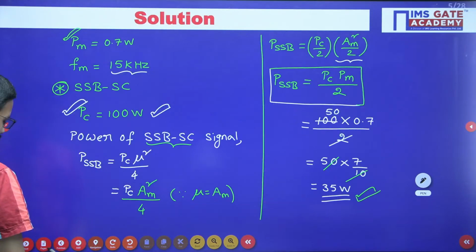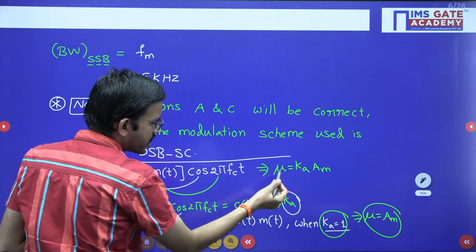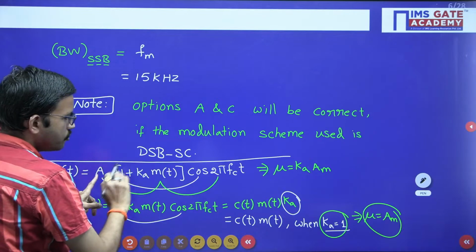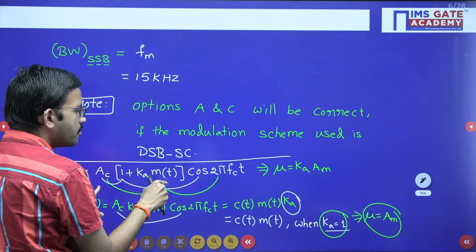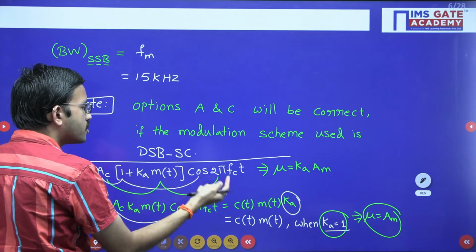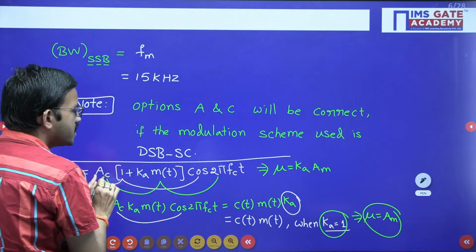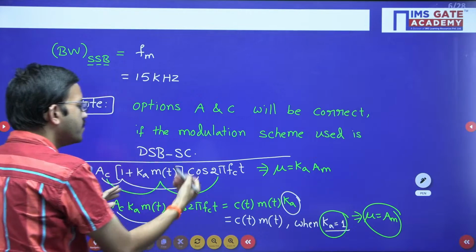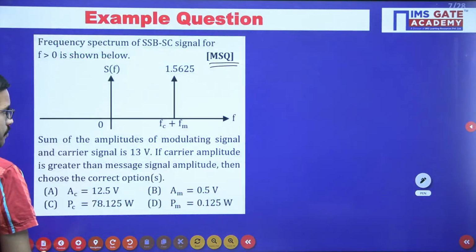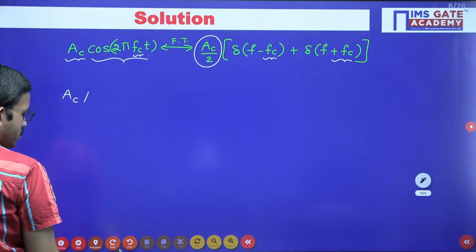From here, observe that K into Am is what we considered as mu. Now if you observe the second part of the equation, with Ac and m(t) as Am cos 2πfmt, you get K into Am as mu. So Ac into mu cos 2πfmt into cos 2πfct. When simplifying, I will write the other term here.